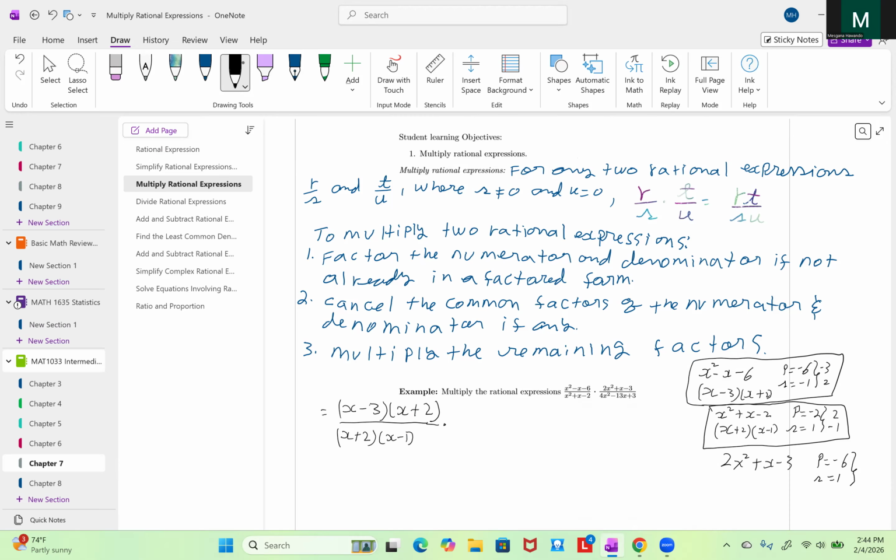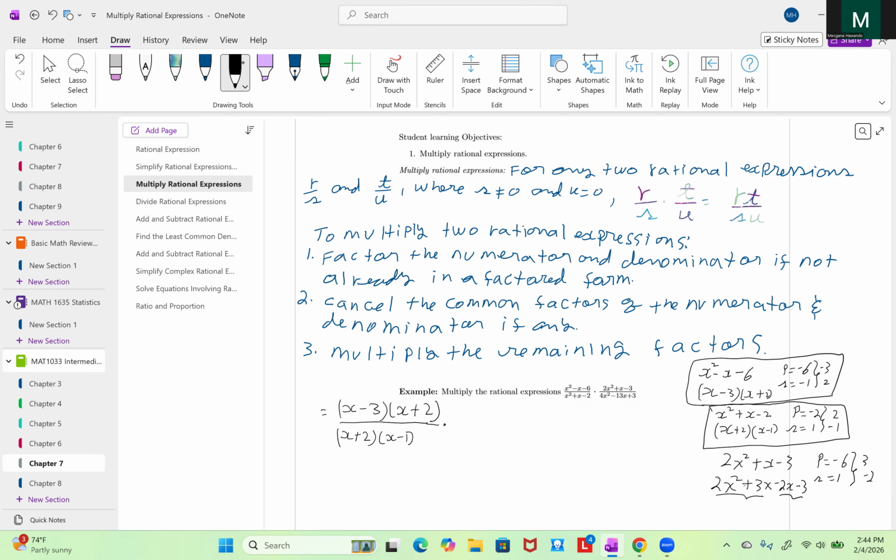If we multiply -3 times 2, it is -6. -3 plus 2 is 1. So 2x squared plus x minus 3, we rewrite it as 2x squared, replace x by 3x minus 2x, and then minus 3. Factor by grouping.